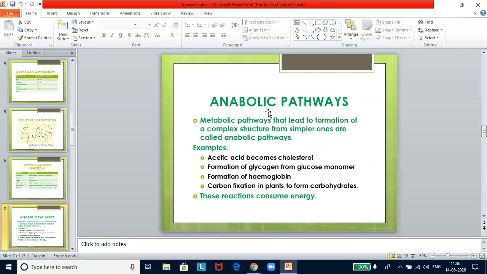Examples are acetic acid becoming cholesterol, formation of glycogen from glucose monomer, formation of hemoglobin, carbon fixation in plants to form carbohydrates, and these reactions consume energy. So anabolic pathways are endothermic in nature and they absorb energy. The building up pathway of metabolism is known as anabolic pathway.